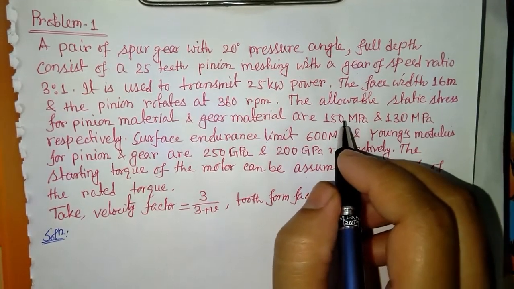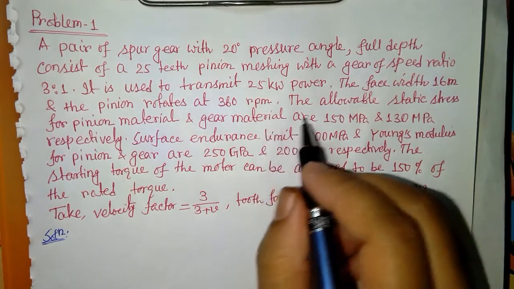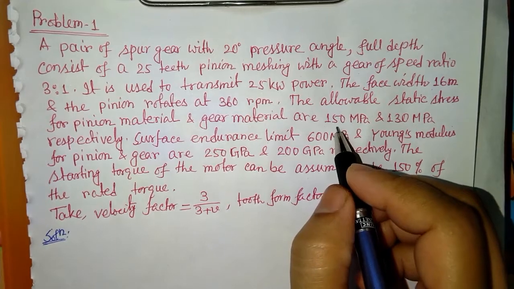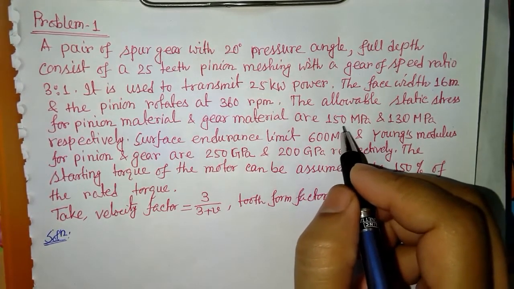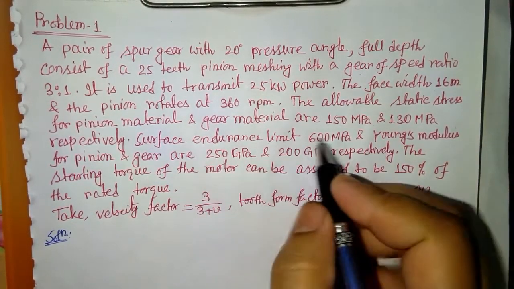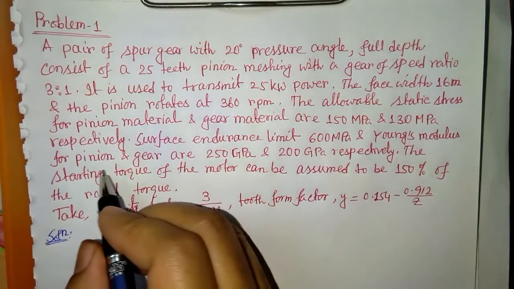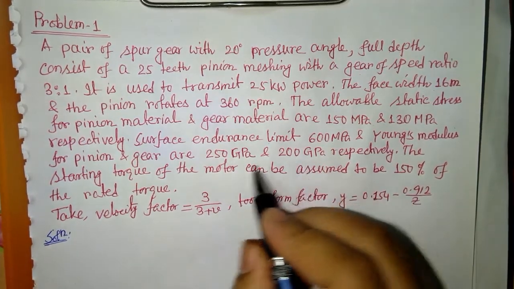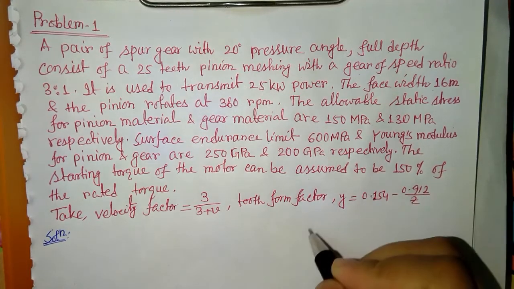Here you see the allowable stress is given two values, for gear and for pinion. So two different values means we have to assume that the pinion and gear are made of different materials, respectively. Surface endurance limit is 600 megapascal, and Young's modulus for pinion and gear are 250 gigapascal and 200 gigapascal respectively.